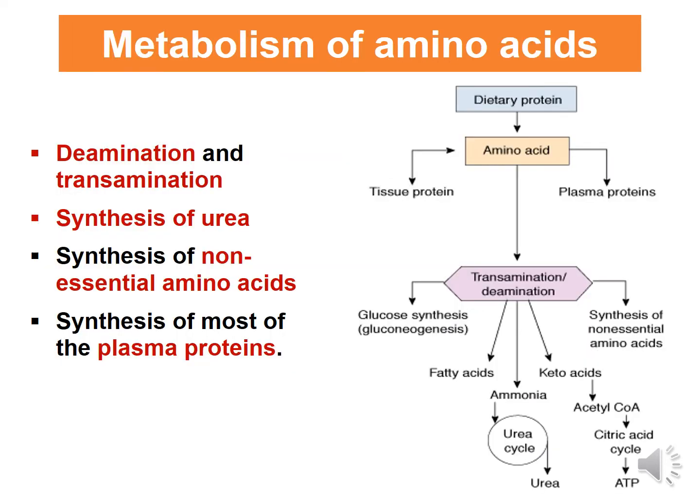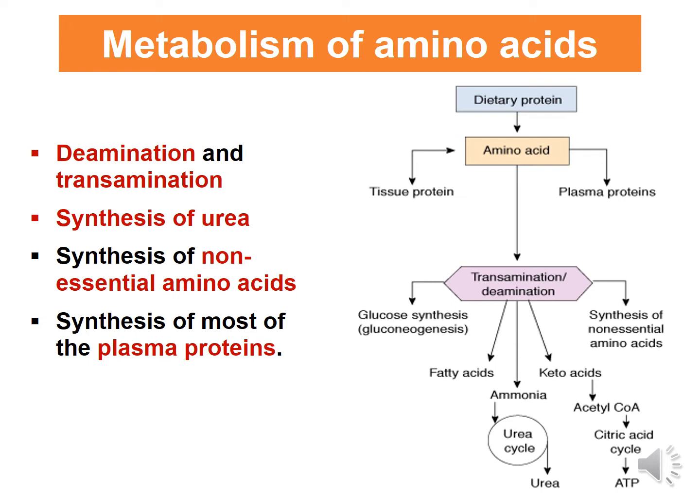The most critical aspects of protein metabolism that occur in the liver are deamination and transamination of amino acids, followed by conversion of the non-nitrogenous part of those molecules to glucose or lipids.